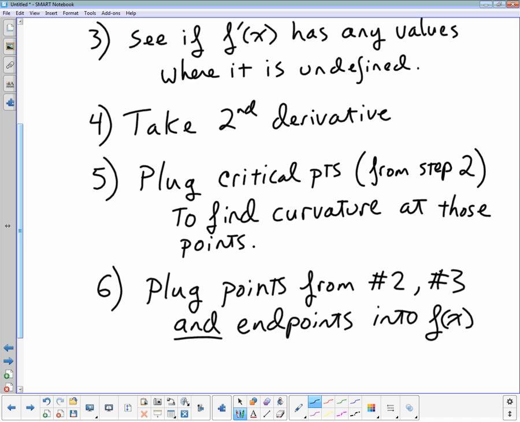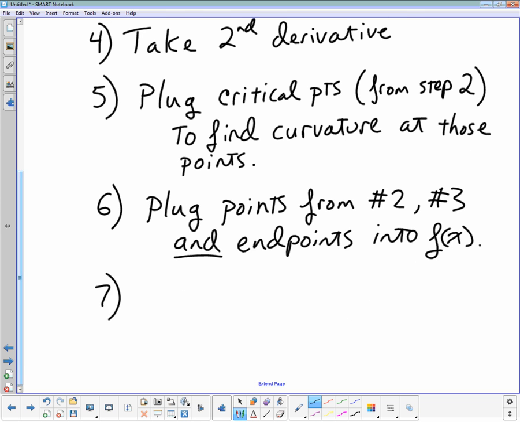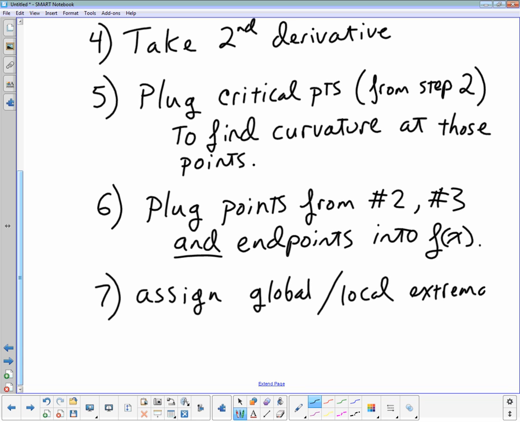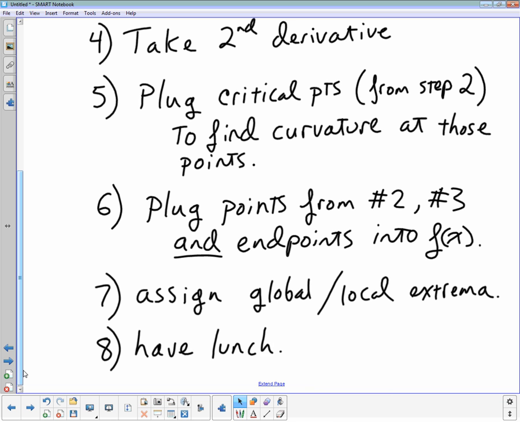Hey guys, copy this. Step seven. That's still helpful. That's a good one.